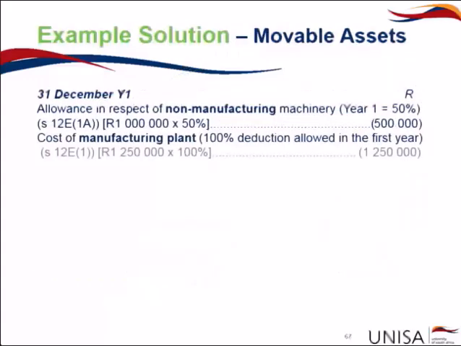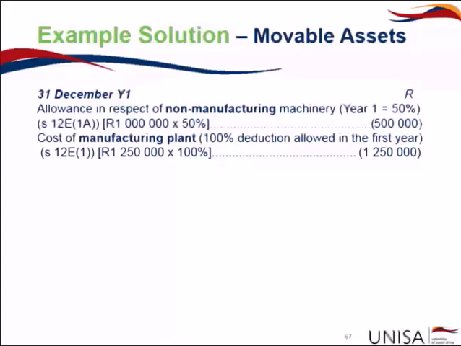With the 31st December year end, year 1, we would be allowed to claim on the non-manufacturing equipment or machinery, we can claim 50%. So we paid 1 million, so we'll get 500,000 as a deduction in terms of the non-manufacturing.